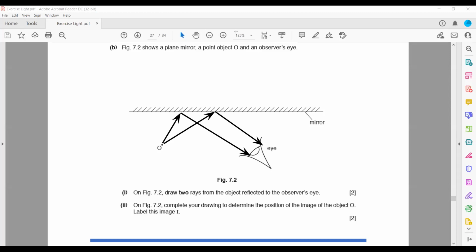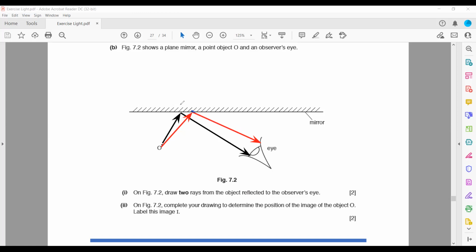How can we determine the position of the image? Because a plane mirror also forms a virtual image, it is just an imagination. Our brain senses that light is coming straight from the object.